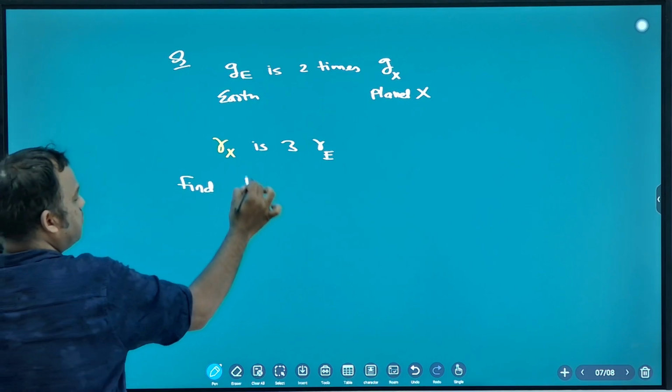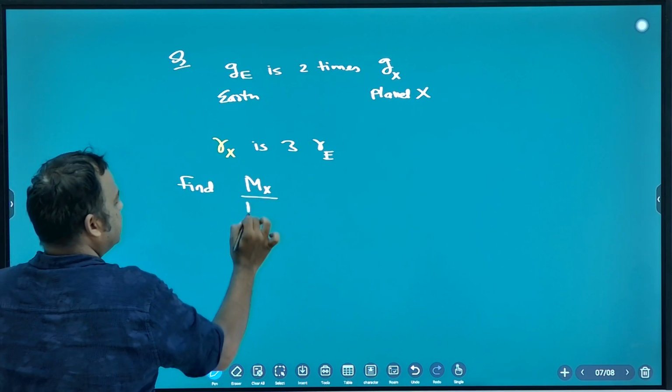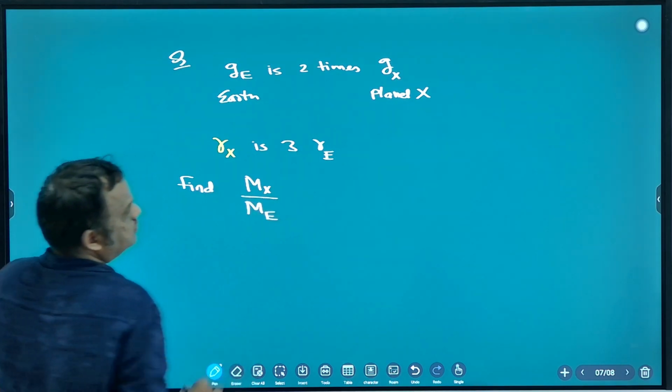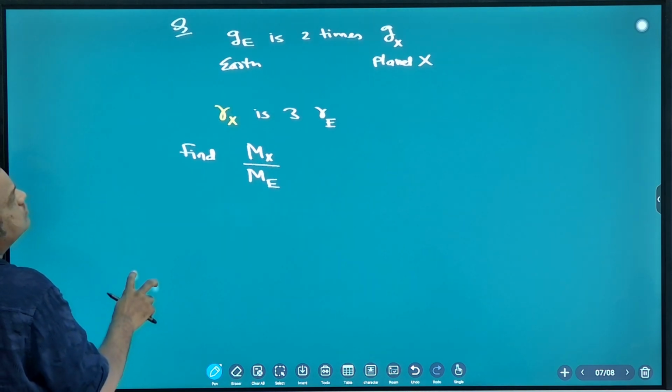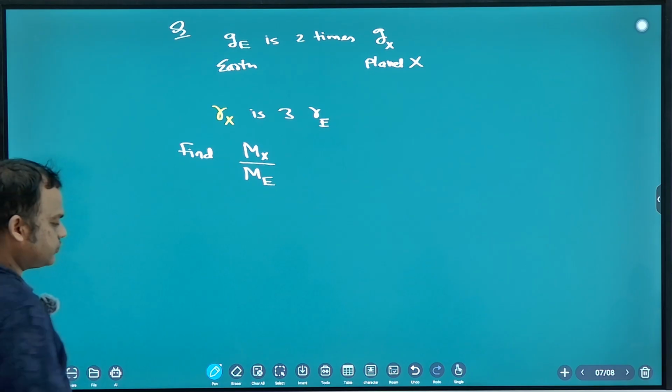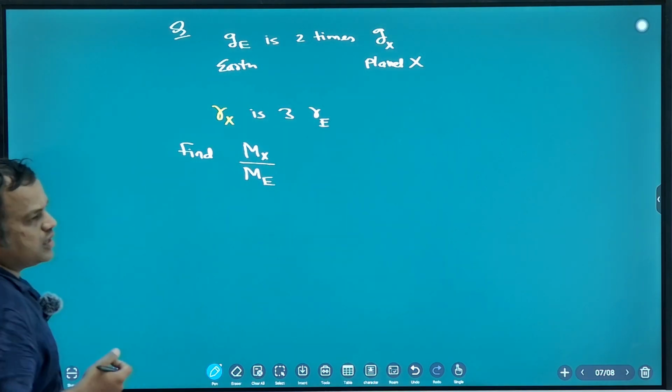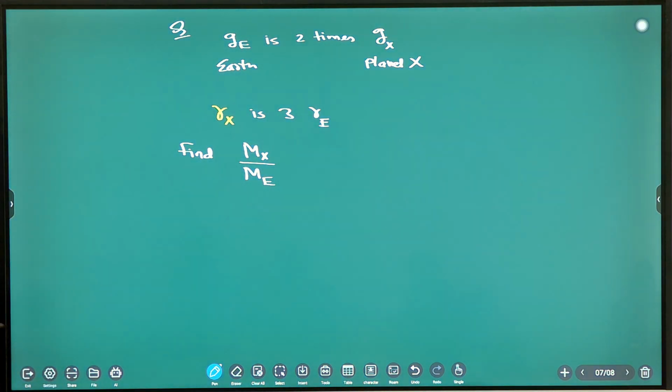Find mass of planet X by mass of earth. Okay, try.